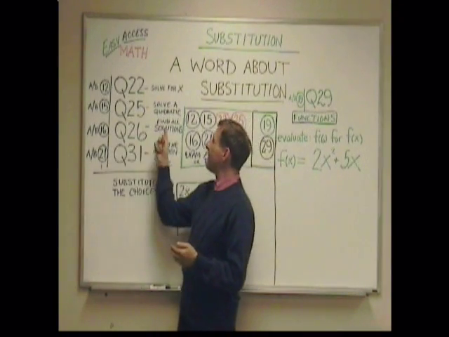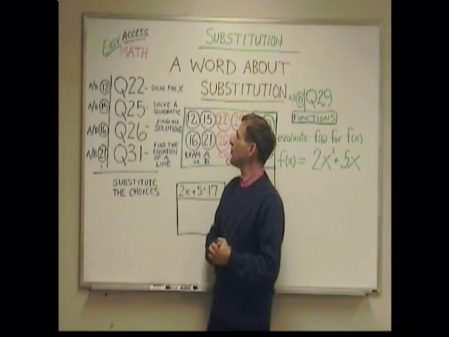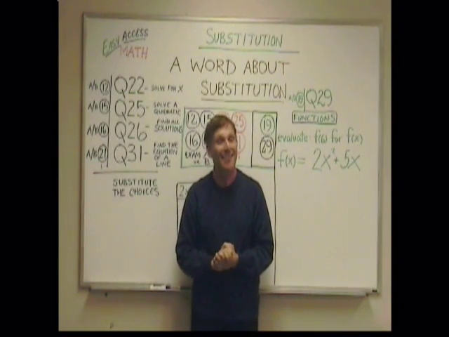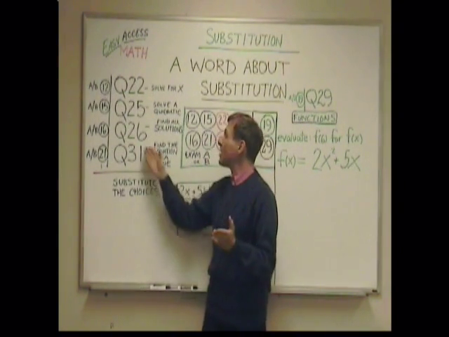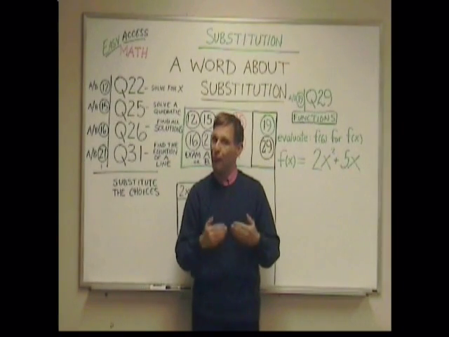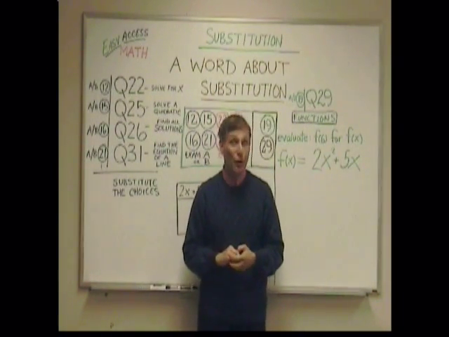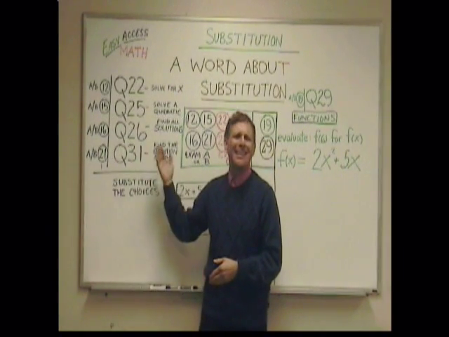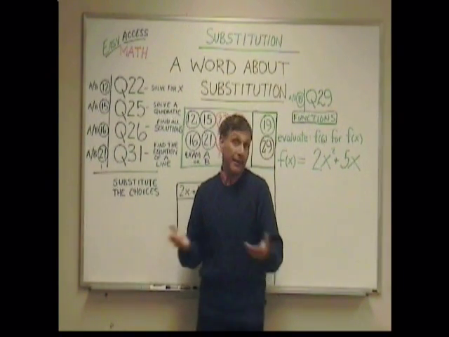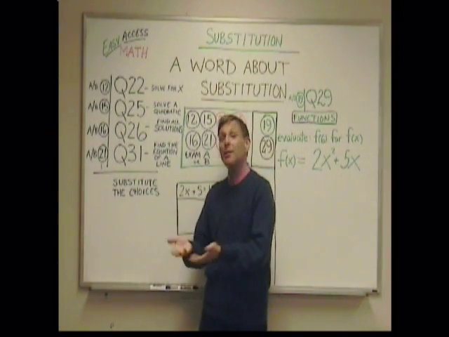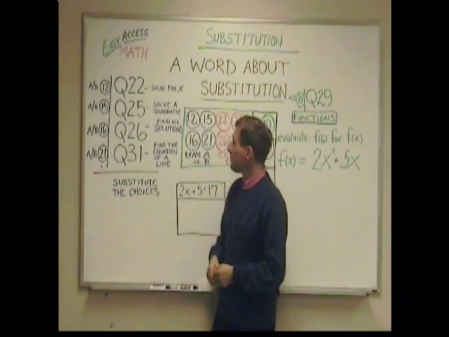Same with question 16 on practice tests A and B, and question 26 on practice test Q. Again, you would test out all your choices, A, B, C, D, and the answer that balances in the equation you're given is the right answer.